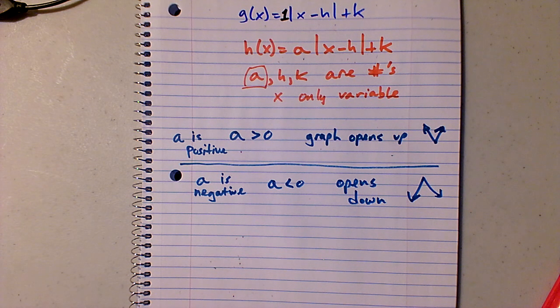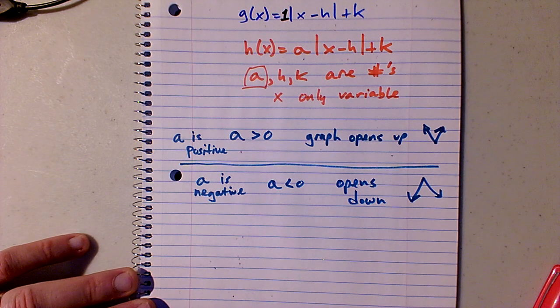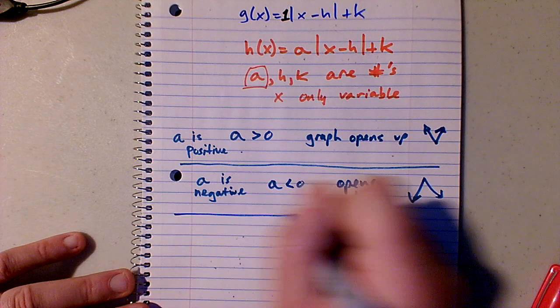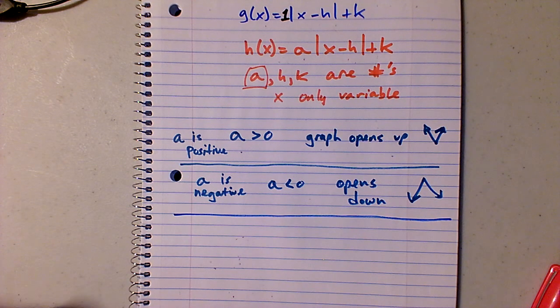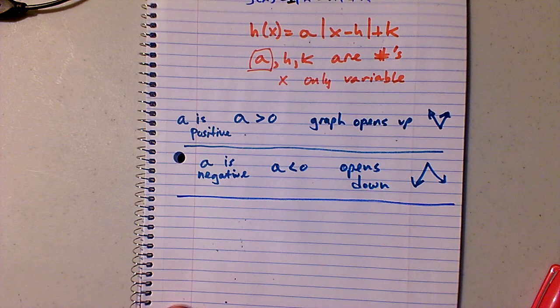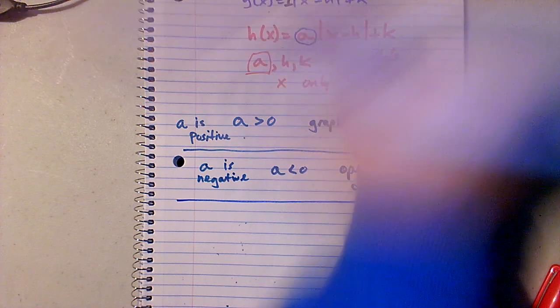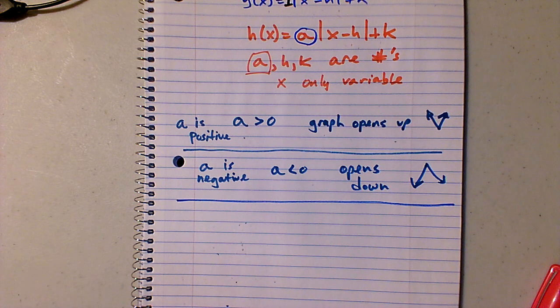Does it change the steepness of our V? That's a little more involved. It's not that hard, but it's not as easy as, if I have a positive number in front of the absolute value, it opens up. If it's negative, it opens down. That's pretty straightforward.